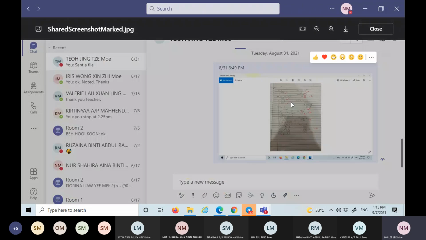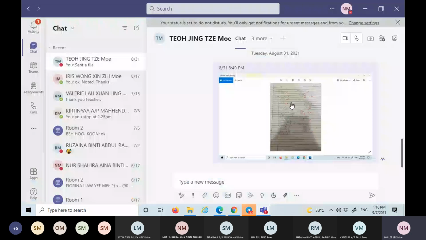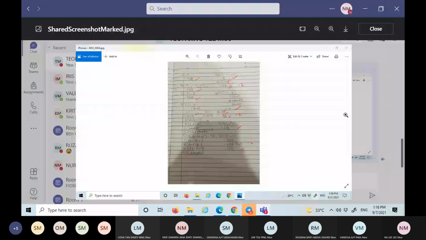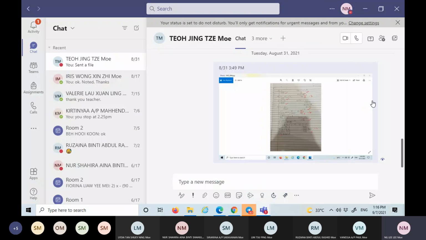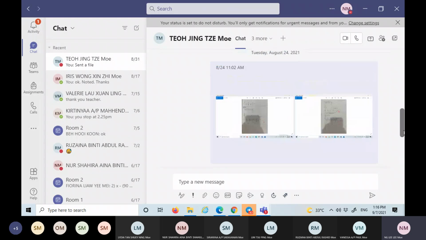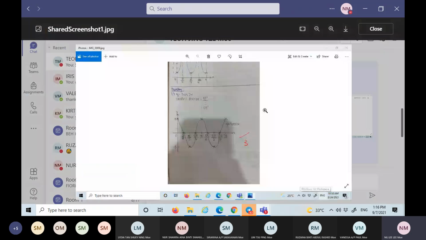Xingzi one. What is this, it should be another one. This one. Correct or not? 3 cos 2x.